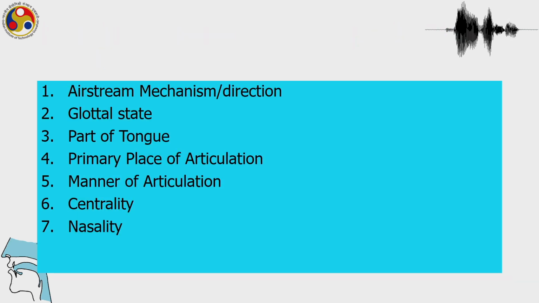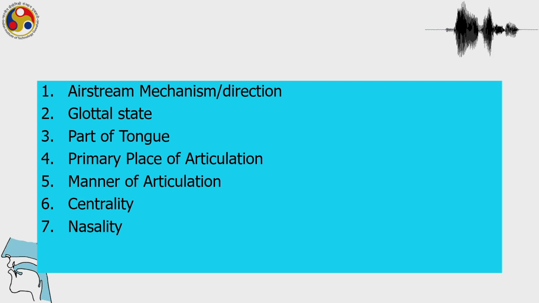Now, what are the main things that we need to consider when we are studying sounds? We saw place of articulation, which is number 4 here, to a large extent. We saw manner of articulation. There are a couple more things which give the sounds their shape and color.